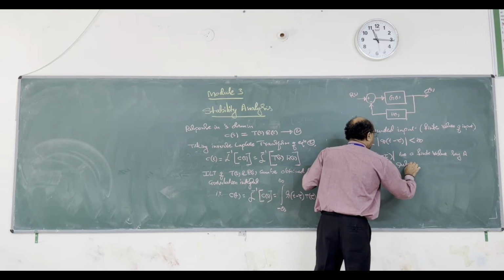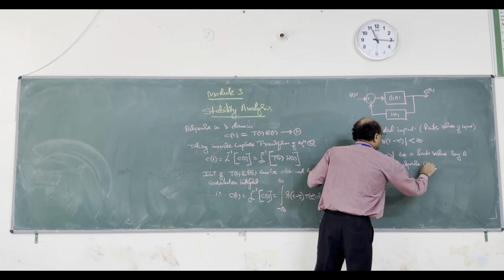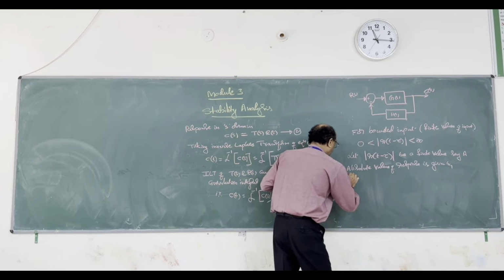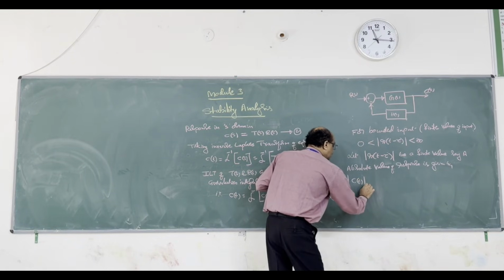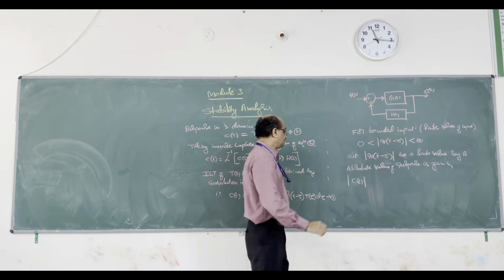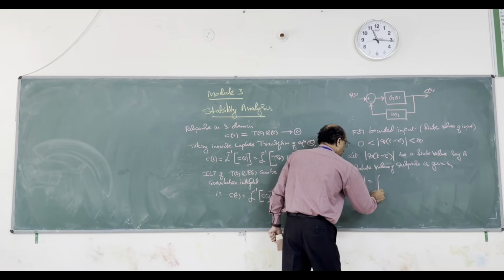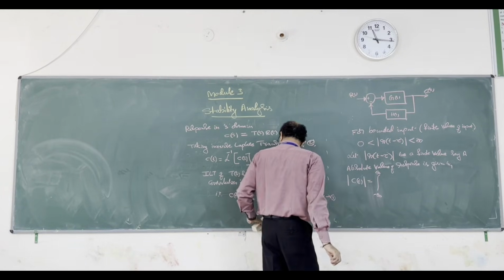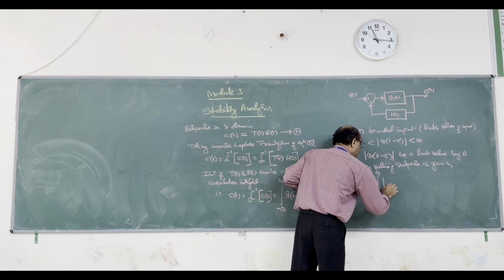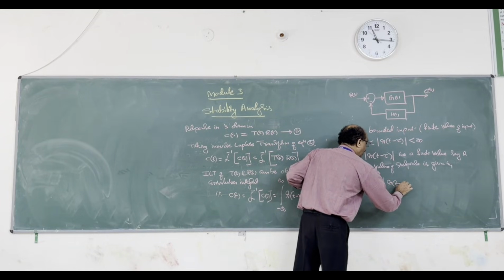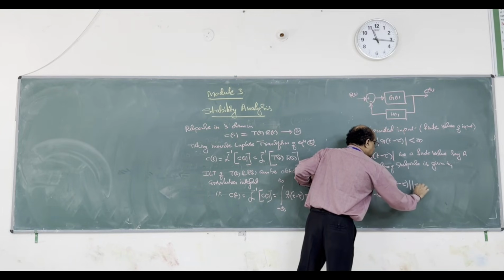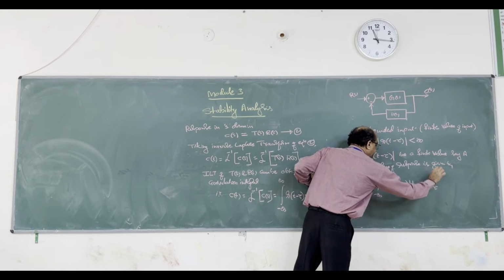The absolute value of the response, or magnitude of the response C of t, is given by the integral from minus infinity to infinity of the modulus of R of t minus tau times the modulus of T of tau, d tau.